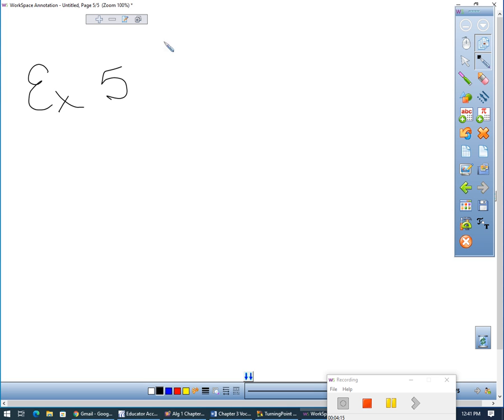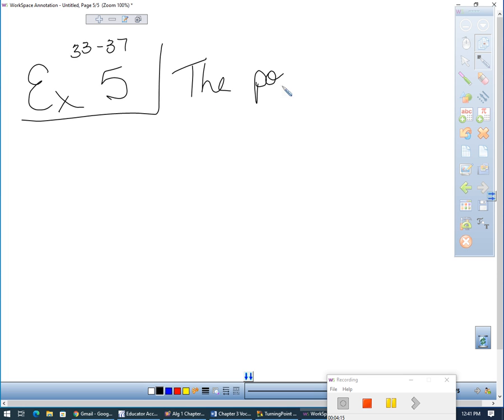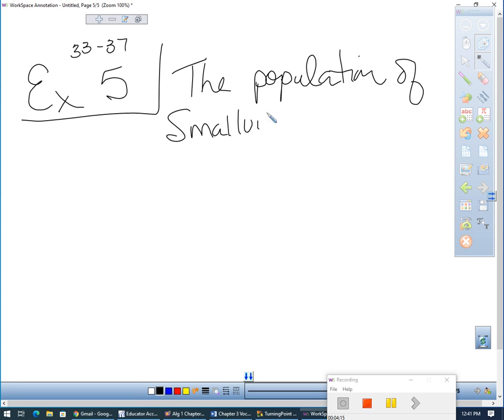Example number 5. The population of Smallville in 2000 was 4,200 people.